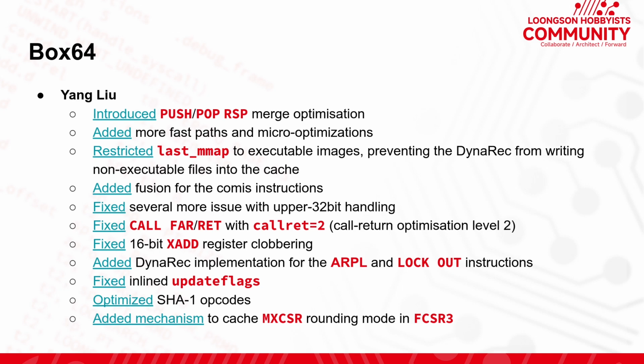Next is the 16-bit XCHG. The first operand is a register, and the second operand is a memory. If the memory register is the same register as the first operand, there was an issue before, so we fixed that too.